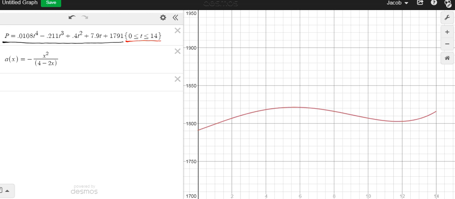Okay? Now the question asks you on which intervals is population increasing in this function. So again, we're applying definitions, right? So where is population increasing? On what intervals?